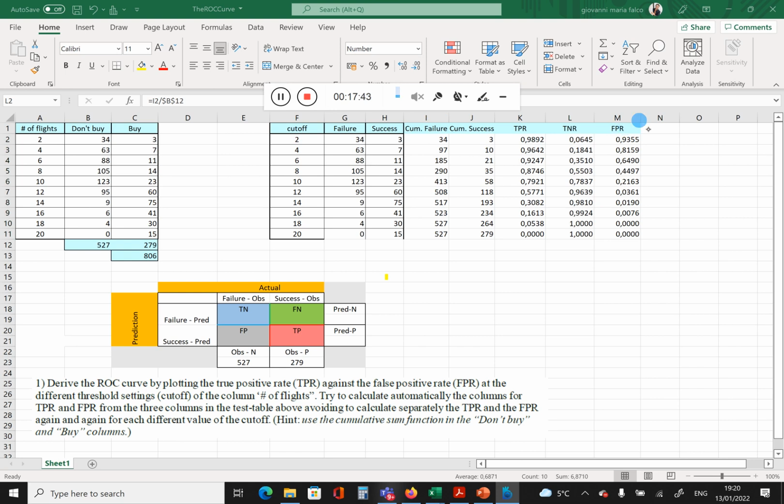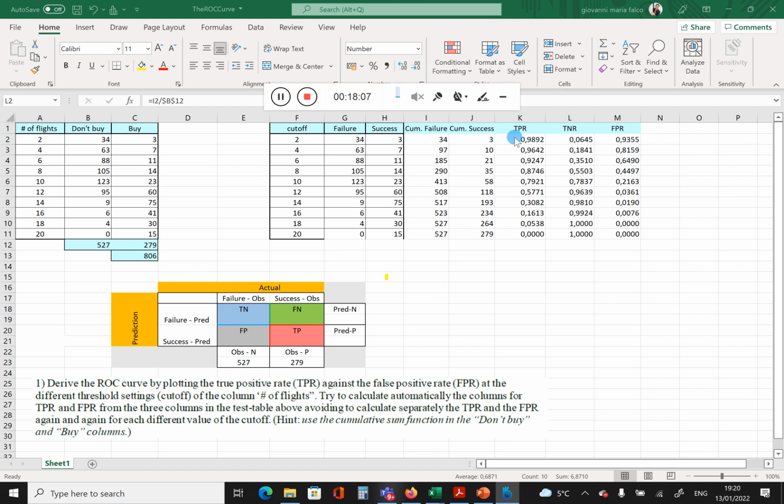Now I have the two columns of false positive rate and true positive rate as a function of the cutoff, and I can proceed to make the plot. If I plot the false positive rate on the x-axis and the true positive rate on the y-axis, I get the ROC curve.